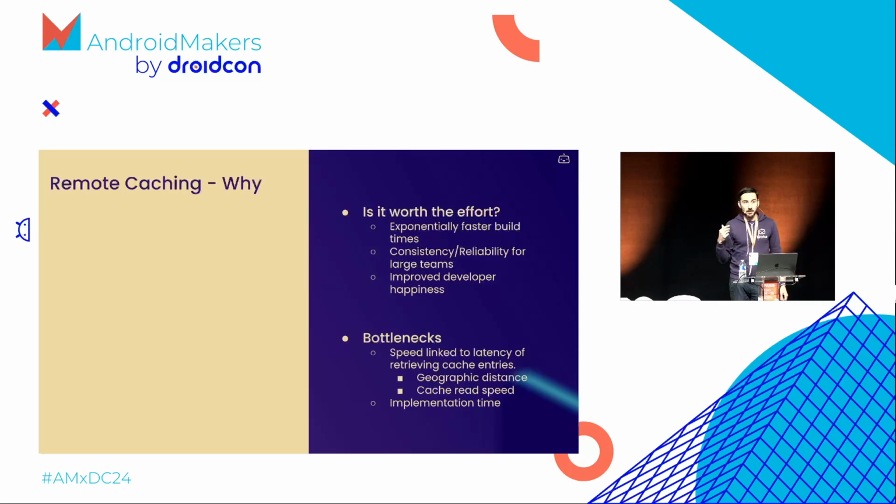This can be affected by the distance from the build server and the cache server. So, for example, if your caching server is located on the west coast of the United States, in the US you would be getting quite good results. In Europe, those would be like moderate results, and further away, it can even make your builds slower than they were originally.